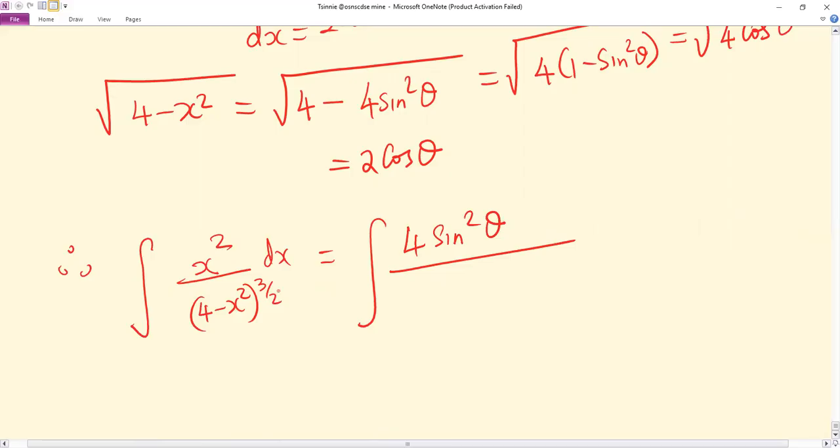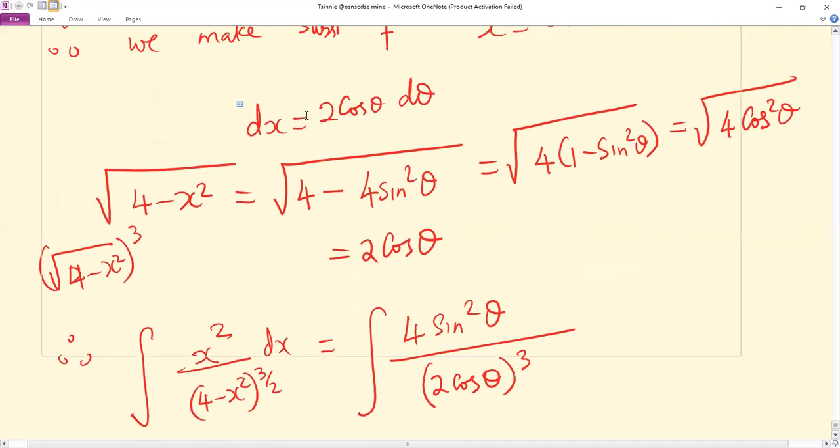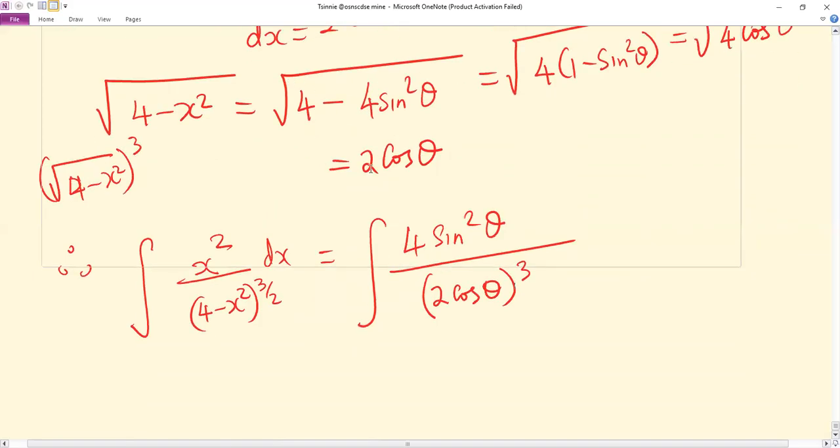And the denominator can be written as the square root of 4 minus x squared, raised to the power 3. Because we already have the square root of 4 minus x squared, you just raise it to the power 3: you have (2 cos theta) cubed. And dx is 2 cos theta d theta.